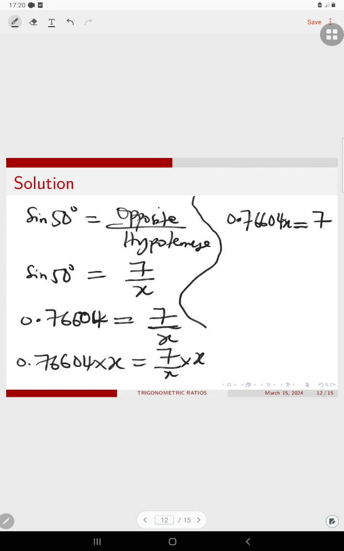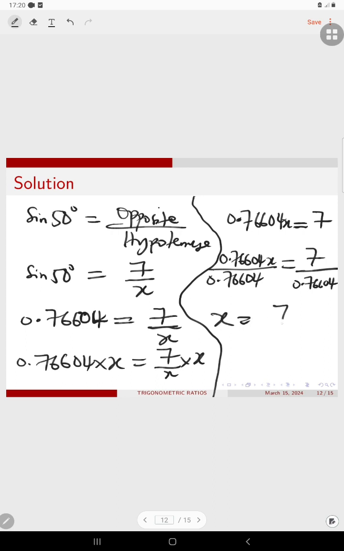So I will say 0.76604x over 0.76604 equals 7 over 0.76604. So my x will be what? 7 over 0.76604.